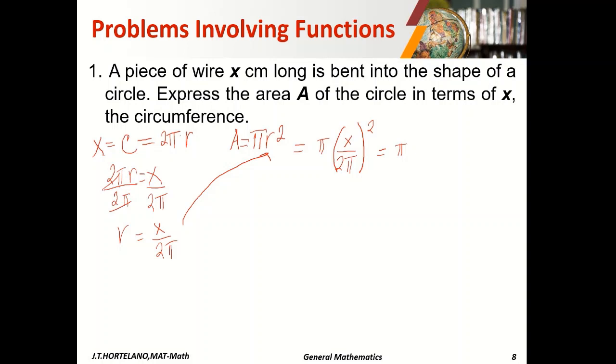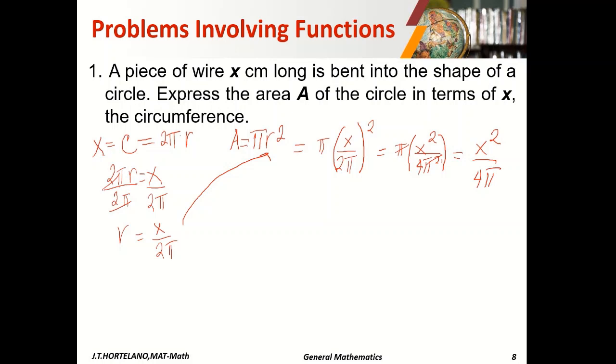So x times x is x squared over 2 pi times 2 pi is 4 pi squared. Now, we can cancel this because we have pi in the numerator kasi actually magiging pi x squared yan, right? So we can cancel this. So we're left with 1 only. So therefore, we have x squared over 4 pi.